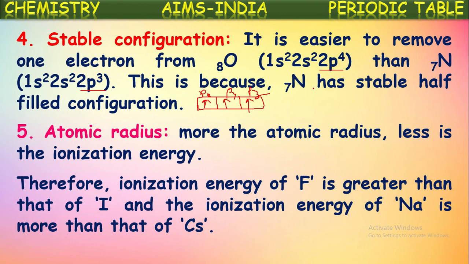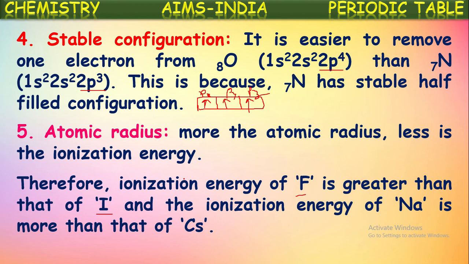One more example they have mentioned here. For example, the ionization energy of fluorine is greater than that of iodine. What relation is there between these two elements? We know these two belong to the same group: fluorine, chlorine, bromine, iodine, and astatine. These are the halogen group or seventh group elements we have studied, isn't it? Out of these, fluorine is the first element with the smallest size.